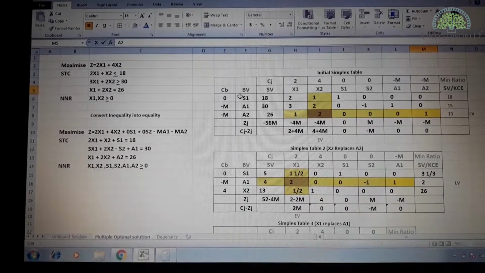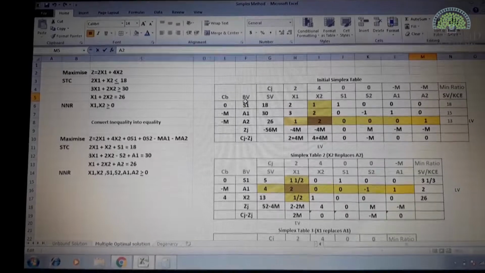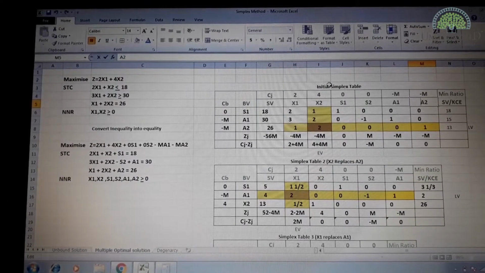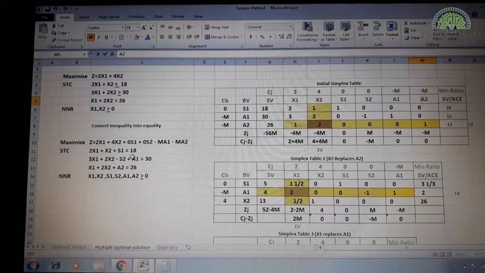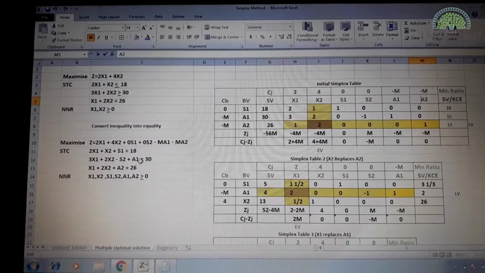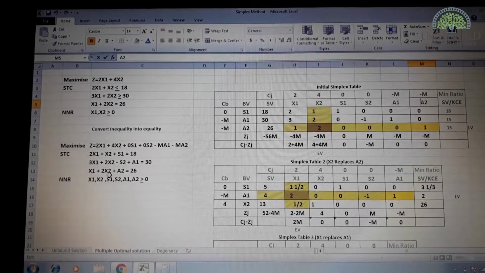So first let us understand the basic variable, as we have already dealt with in the class. In the basic variable column of the initial simplex table, we will have the last variable of our STC after being converted into equality. So these are our 3 constraints. We have converted them into equality format. This is the left hand side of our constraint.